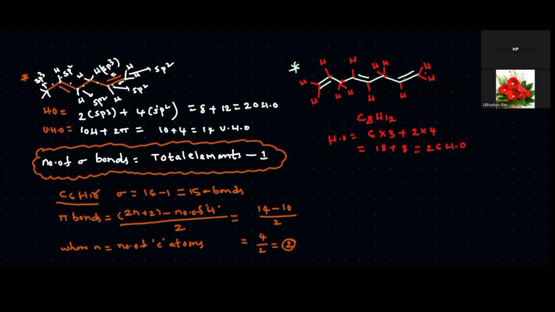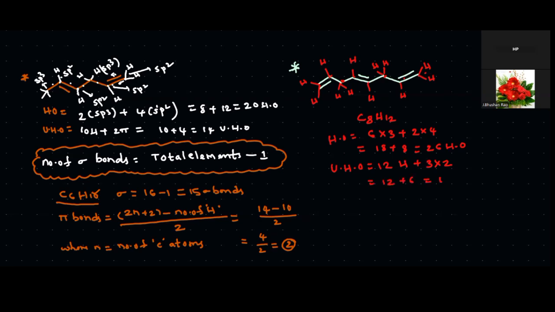Next, unhybrid orbitals. Total number of hydrogens here is 12, plus number of pi bonds, 1, 2, 3 given. 3 pi bonds means 3 twos are 6. So totally 12 plus 6 is equal to 18 unhybrid orbitals.